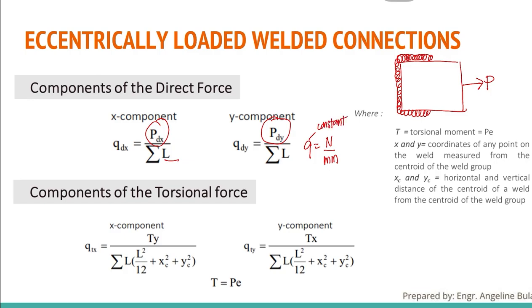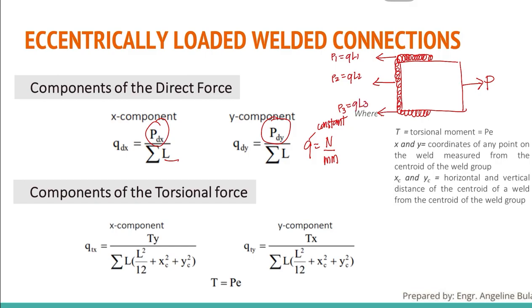So, pare-pareho yung value ng Q sa kada weld segment. So, yung mag-iiba lang dyan class is yung P sub 1, P sub 2, yung specific na kine-carrying direct force ng kada weld segment. So, ito magiging Q times L1, ito is Q times L2, ito is Q times L3.